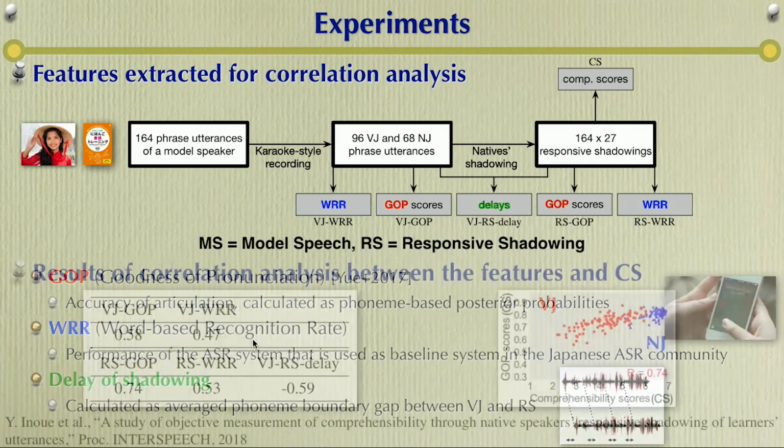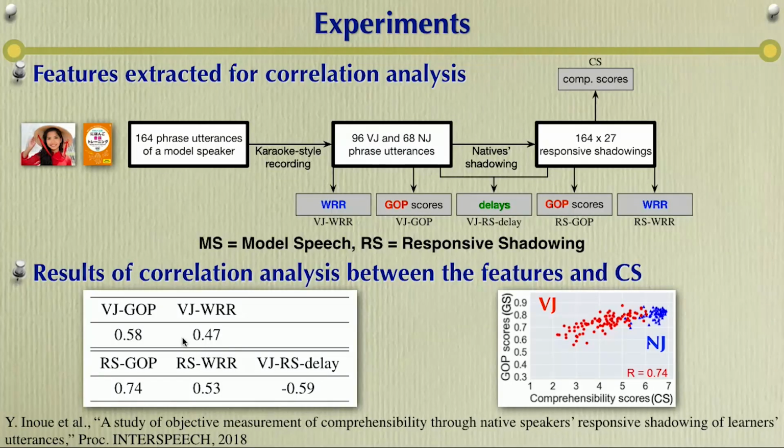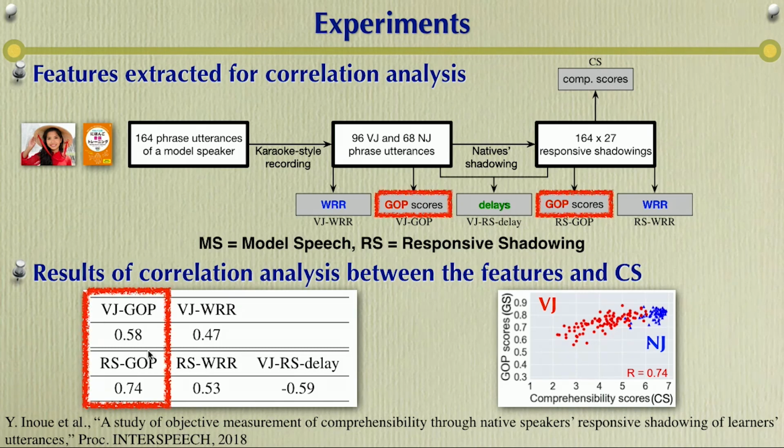Right. So this is a correlation of these speech features to the comprehensibility subjective scores. GOP of Vietnamese learners' Japanese: this is a baseline feature to calculate native likeness between Vietnamese learners' Japanese and native Japanese. And then this is the reverse shadowing GOP.